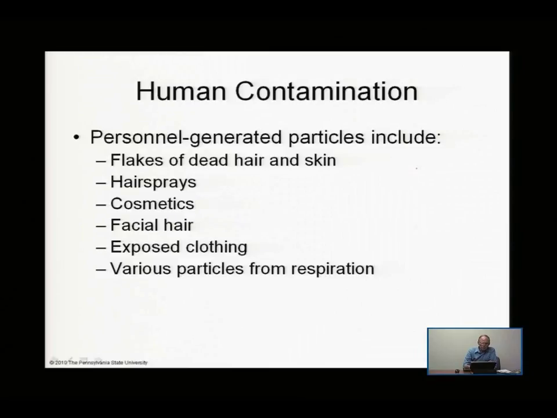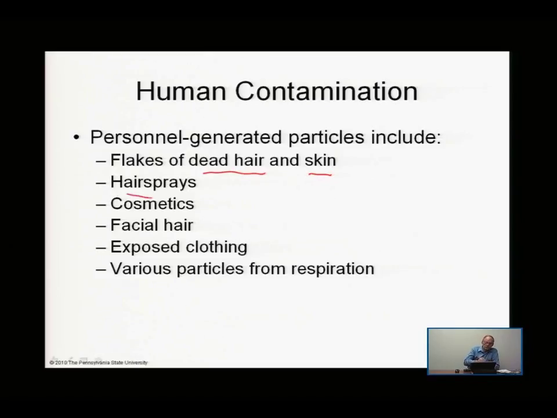So what is the problem here with humans? Well, we've mentioned the oils on the human hand, but there are also other sources of contamination. Hair and skin. Skin is constantly flaking, and those flakes can be boulders at the nanoscale, so we have to watch out for that. Hairsprays.